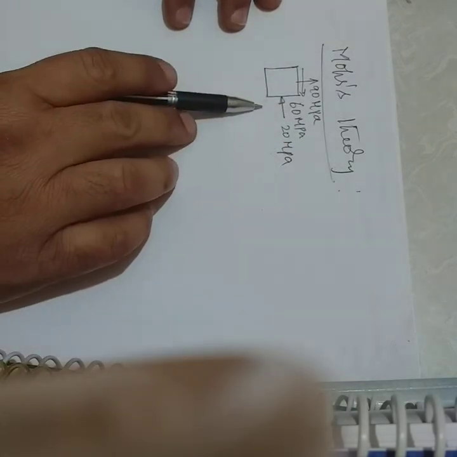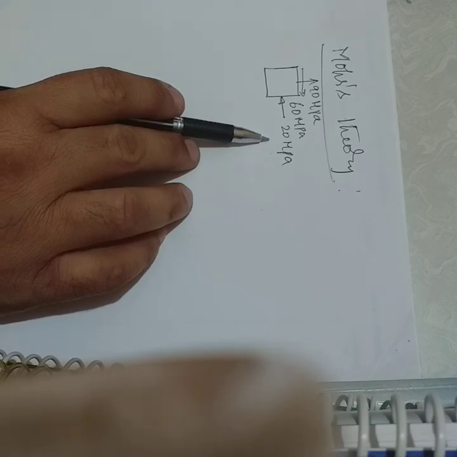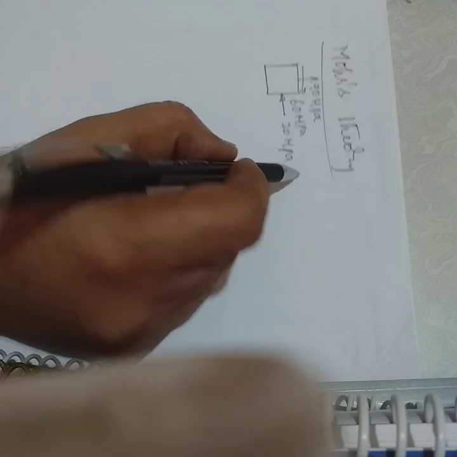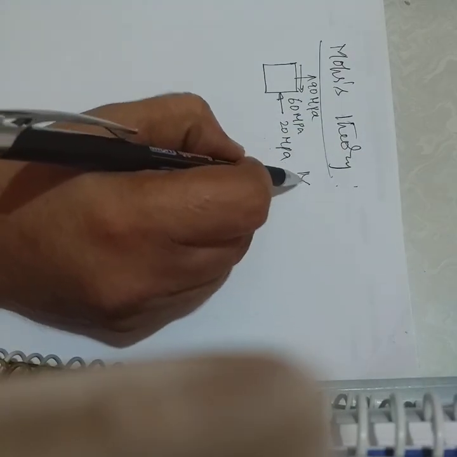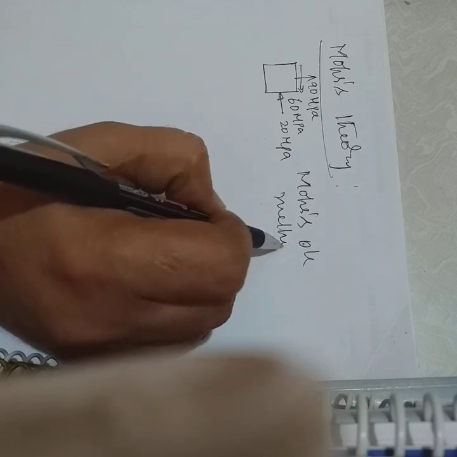For such a combined loading, we need to find the maximum principal stress and maximum shear stress by using Mohr's circle method. We can find the principal stresses sigma 1, sigma 2 and the maximum shear stress tau max.